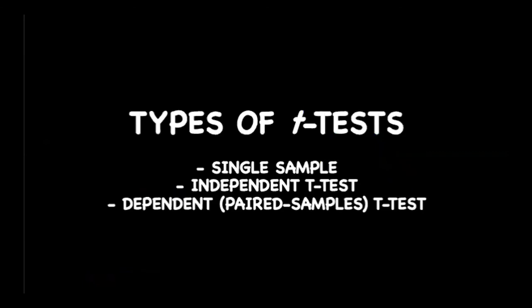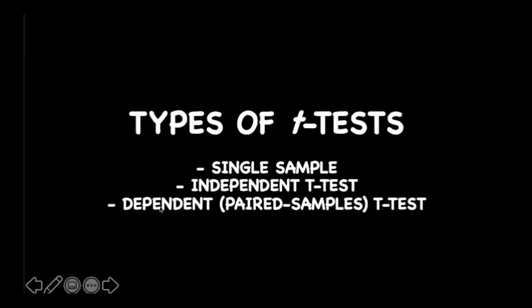Okay, so that brings us to the different types of t-tests, and this is the order that we will go in for our lecture today. Single sample t-test is going to be similar to the first equation on the last slide, where we're looking at a sample versus an estimated population mean. And then we have our independent t-tests and our paired samples t-tests.